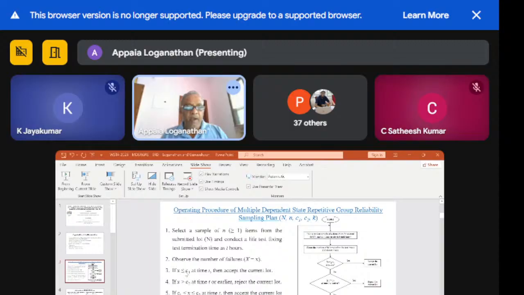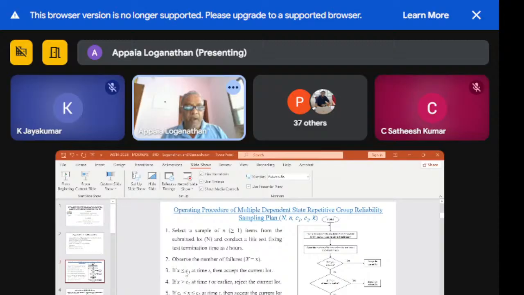If the observed number of failures is less than or equal to C1, the first acceptance number, at time T, then the current lot is accepted. If the number of failures exceeds the second acceptance number C2, at time T or earlier, not necessarily at time T, even earlier, where C1 is smaller than C2, then reject the current lot.